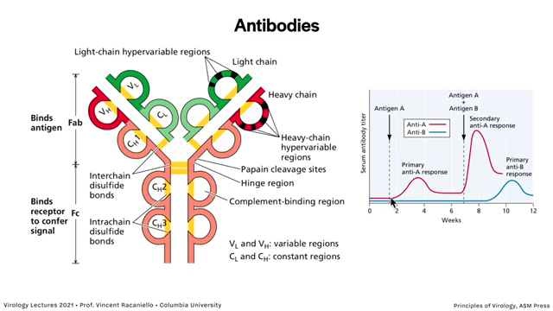Red is the anti-A response in the serum. So we have an increasing response in the serum, which eventually peaks in 3 to 4 weeks. Again, depends on the antigen, and then slowly declines afterwards.